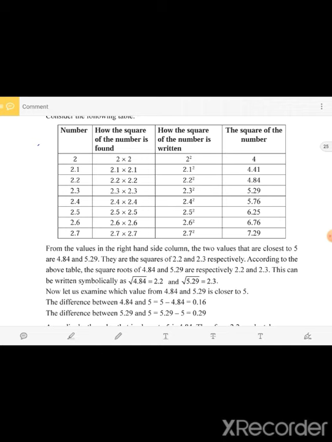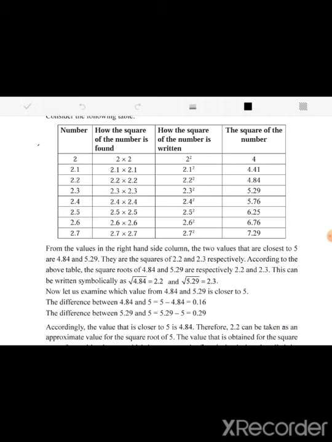So here you could see another set of square numbers. Yeah, so it's starting from 2. 2 times 2, 2 squared, that is equal to 4. 2.1 times 2.1, that is 2.1 squared, is equal to 4.41.